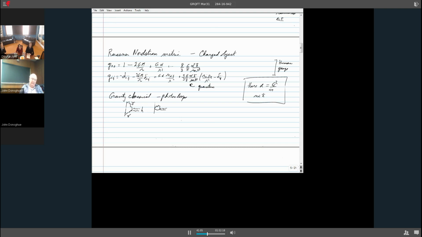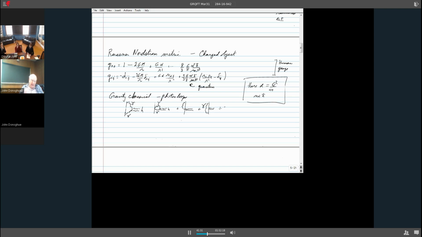And I'm doing photon loops. So the types of things I'm doing are diagrams that look like that. So this is a photon coupled up to graviton H. Or let's just do some more of them.